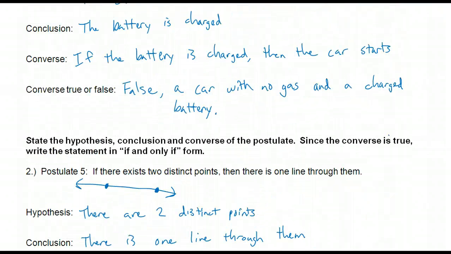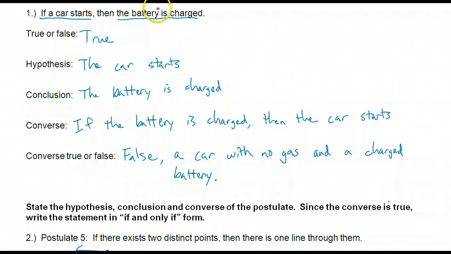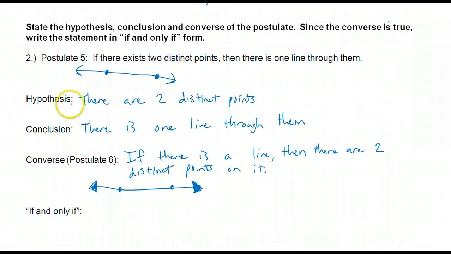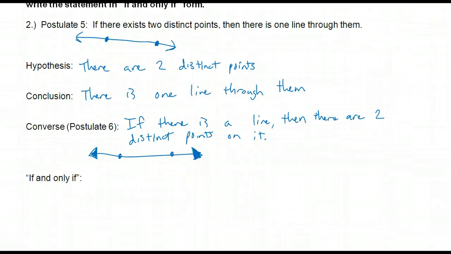Different than our first example, where our original was true and our converse was false, we can rewrite two statements if both the original and its converse are true. And we can rewrite that as an if and only if statement. So here's how I'm going to do that.